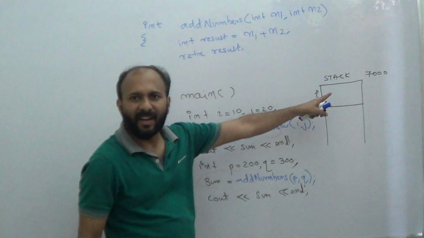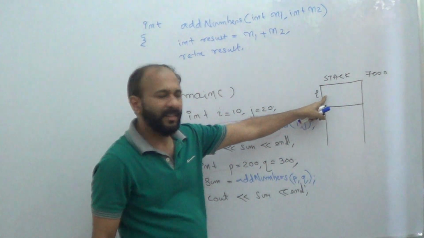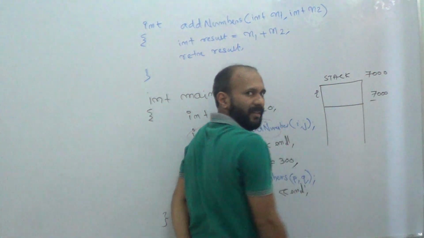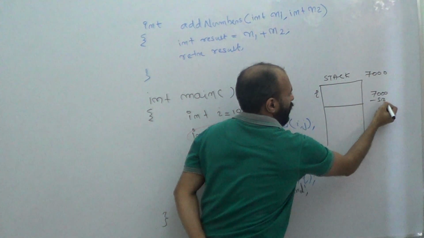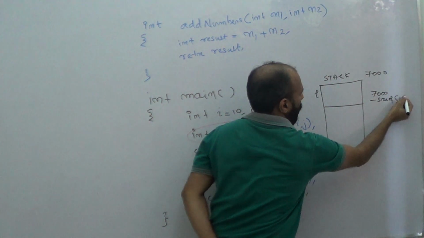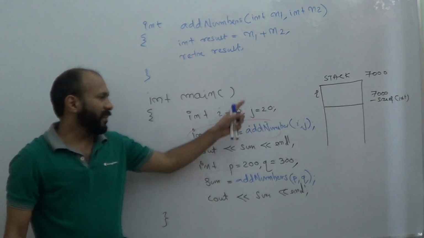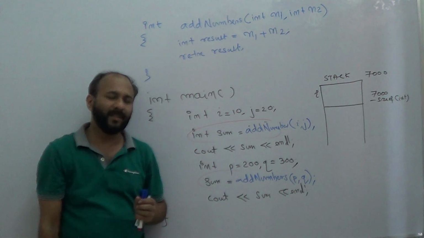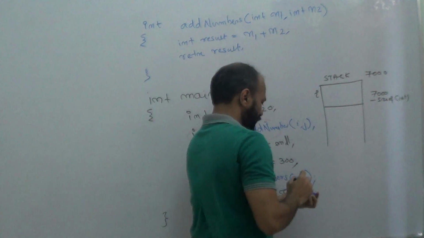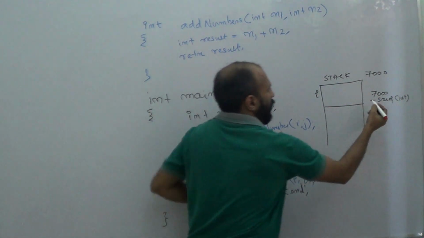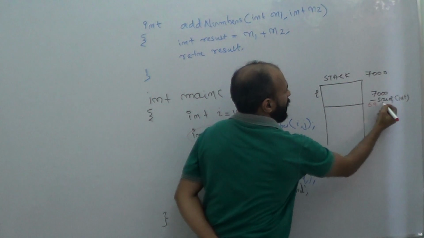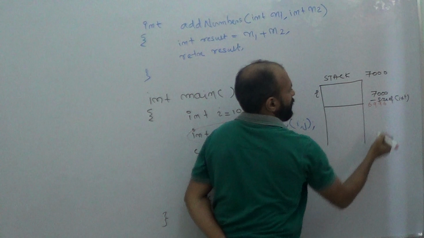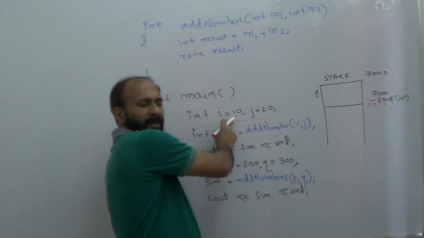So this i, which is available at location 7000 minus size of integer. Assume we are using a 32-bit processor, size of integer is 4 bytes. Here this location will be 6996. So this value will be available here.